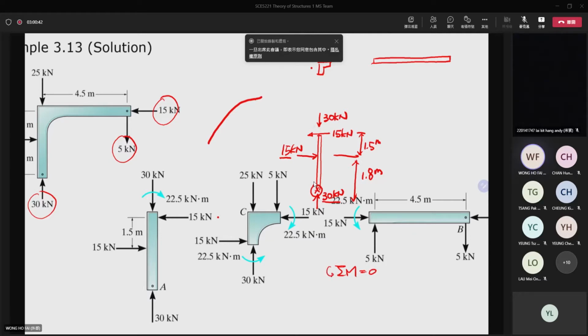Assume that there will be a moment in this direction. Then you can see that to take the moment, you have 15 times 3.3 meter, this one in the clockwise sense, minus the 15 times 1.8 meter, and then you have negative M is equal to 0.